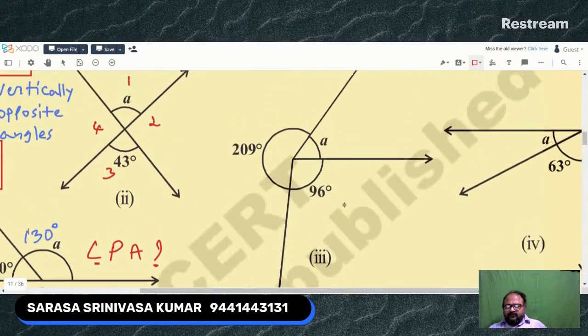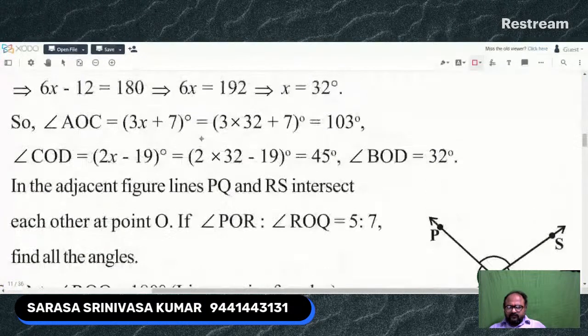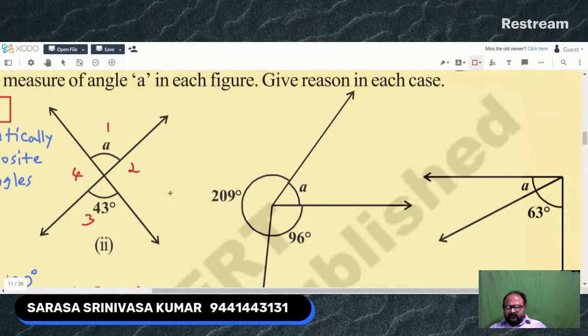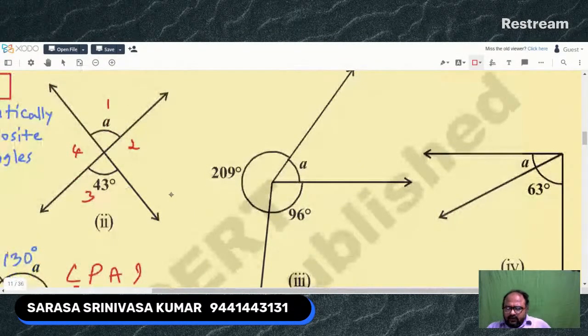Here, the third problem is given. You observe this third problem. Here, a point O is noted down. Let us note down here a point O. If you consider any point O, the angles formed here, I am considering a straight line.